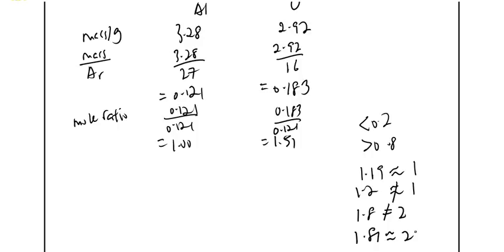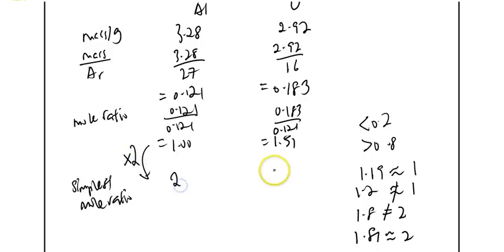So in this case, how do we get a nice whole number for the simplest mole ratio? We simply multiply throughout by an integer, the smallest possible integer, to make the mole ratio as close as possible to a number which can be rounded. So in this case, we can multiply by 2.